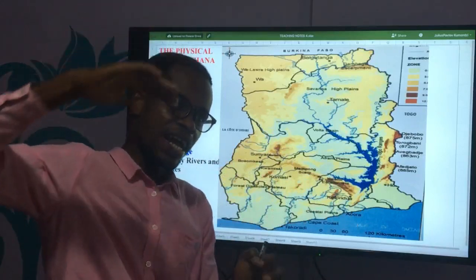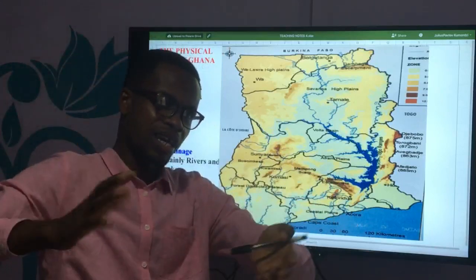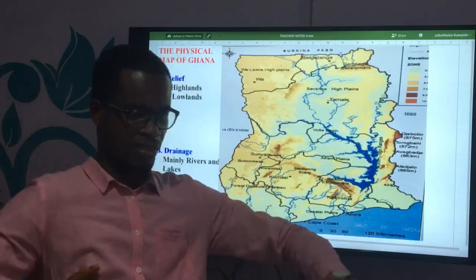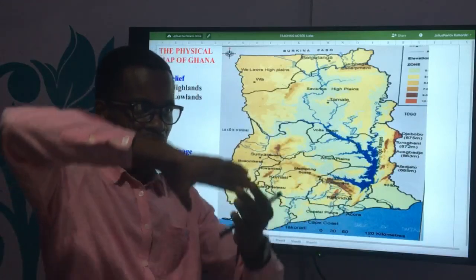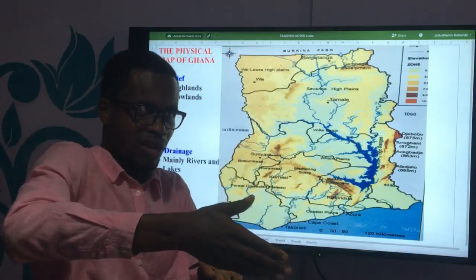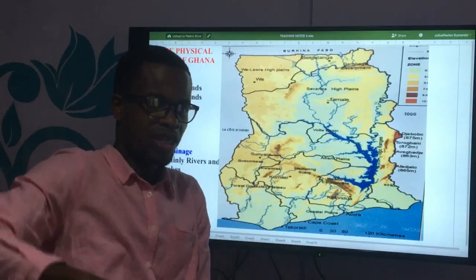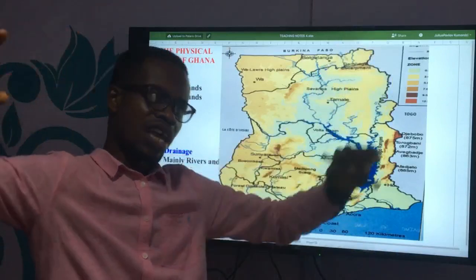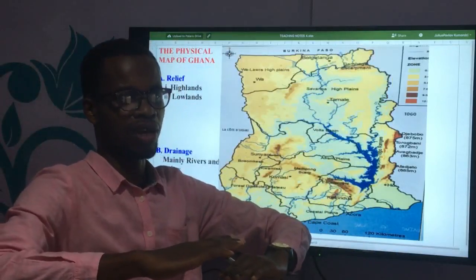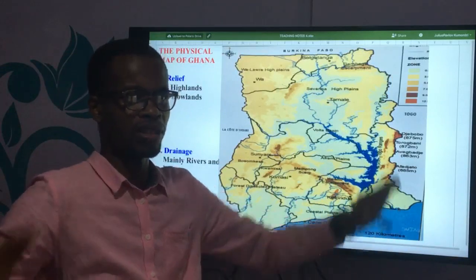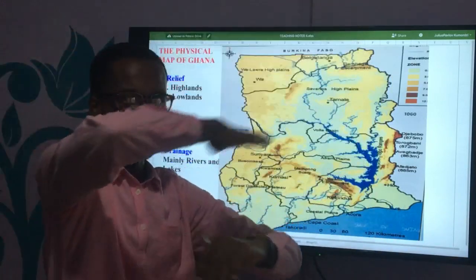So when you turn a plate upside down, you see how it shapes, and then the down part, as it's being turned upside down, has become flat. So any mountain with a flat top is described as a plateau, a mountain, a hill, a highland with a flat top.